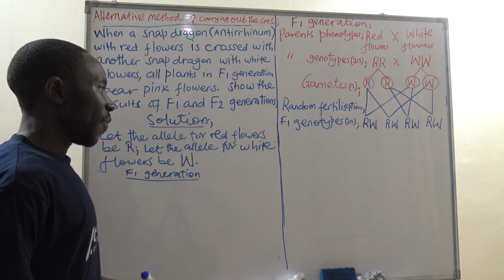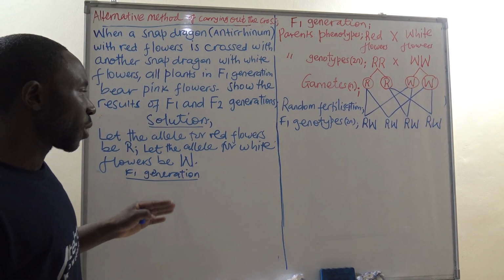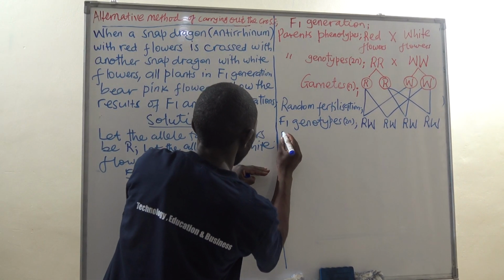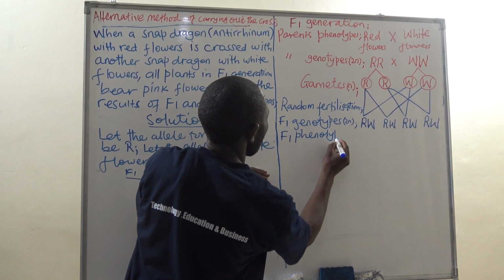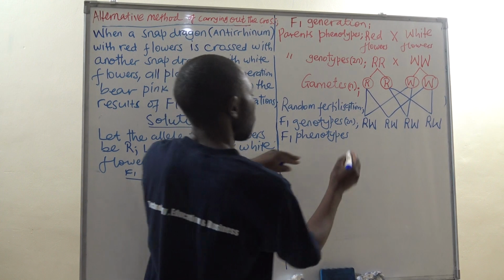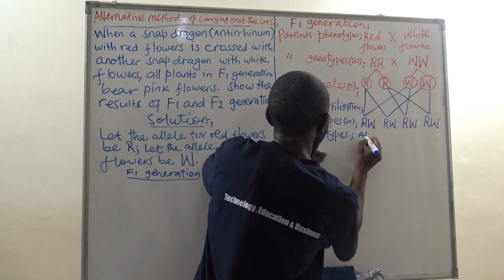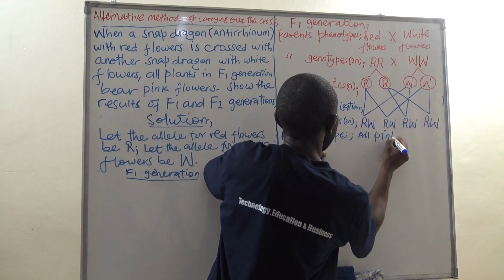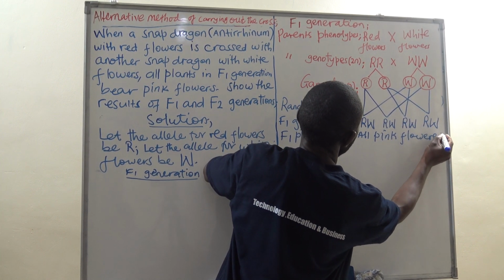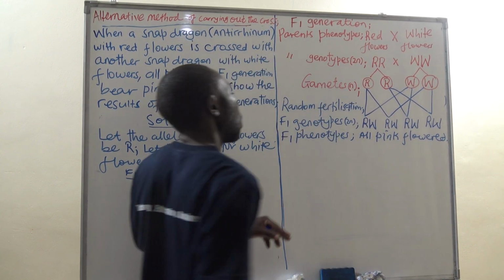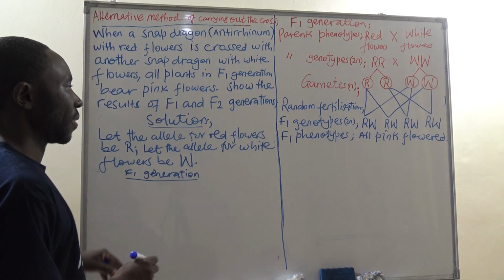So that is the offspring phenotype. Then we say F1 phenotypes: all pink flowered plants.